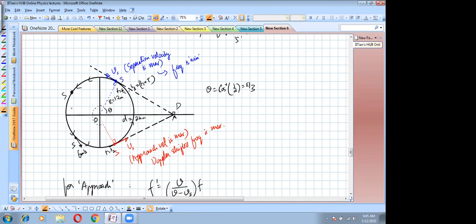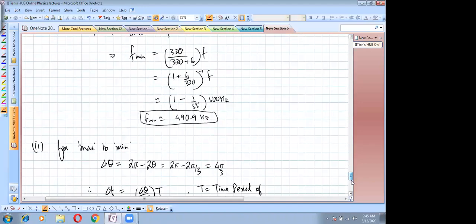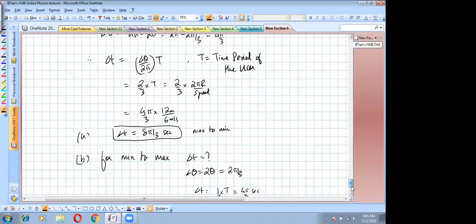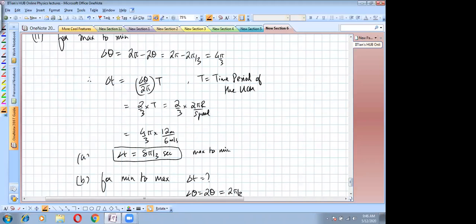So understood. In this circular motion, as you're going from this maximum frequency position to the minimum frequency position, you're making an angular displacement of 240 degrees or 4 pi by 3. And as you're going from minimum to maximum, oh sorry, it's the other way. Maximum to minimum is this, and minimum to maximum is the other one. So here, this is actually minimum to maximum.